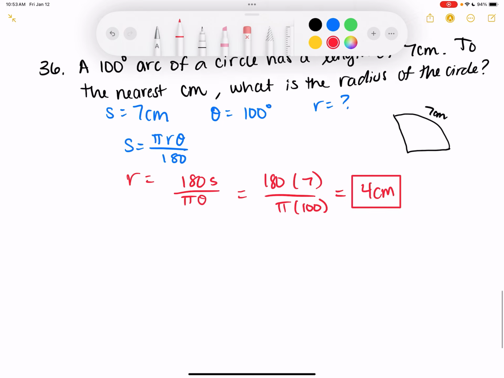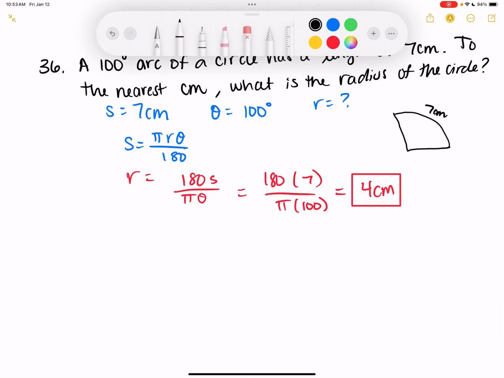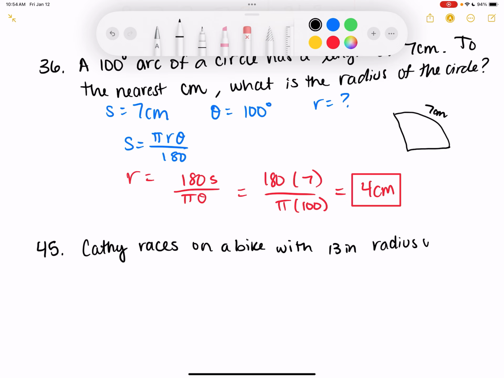Let's see. Number 45, a longer word problem. Yay. Kathy races on a bike with 13-inch radius wheels.